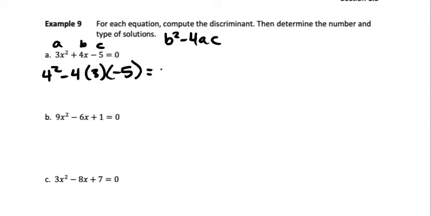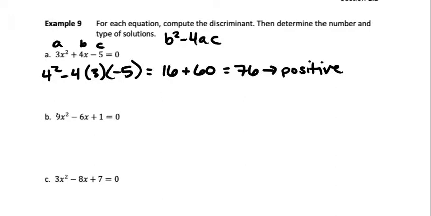And after we plug in, we're going to simplify this and get it down to a single number. 4 squared is 16. 4 times 3 times 5 is going to be 12 times 5, which is 60. This is going to be 16 plus 60 because we have two negative signs here, and so that's going to equal 76. Now the question is, is this positive, 0, or negative? 76 is a positive number. And so this tells us that there's going to be two unequal real solutions.